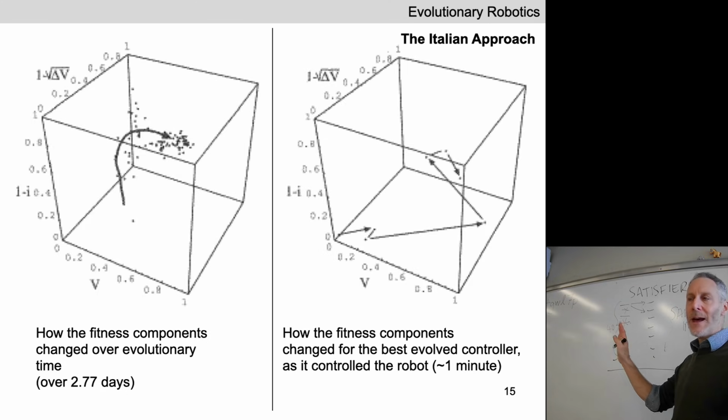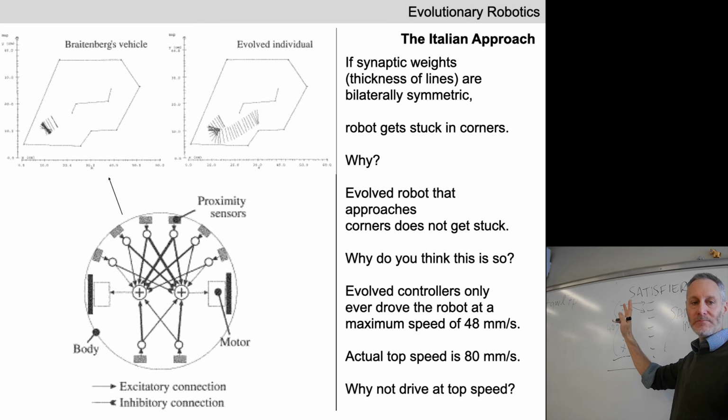This was just another attempt by the investigators to show how evolution makes trade-offs between these three desiderata, these three terms. Okay. One last thing I wanted to say about this is they took their robot, threw away evolution, and then the investigators manually set the magnitudes of the synaptic weights. They wanted to see how they could do with their raw intelligence compared to evolution.